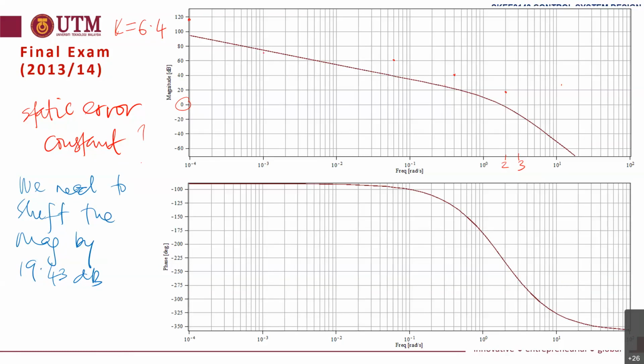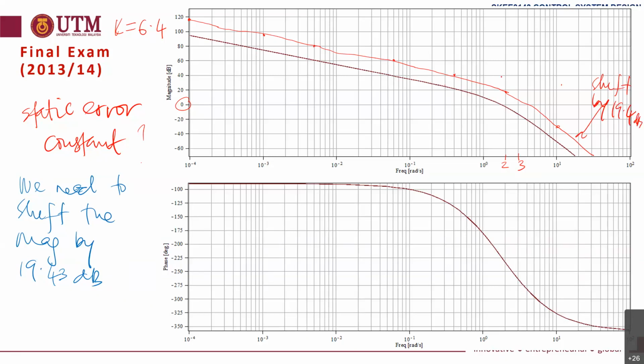From here. Okay, so I now will draw here a new one. They're all shifted by about 20, 19.4 dB.